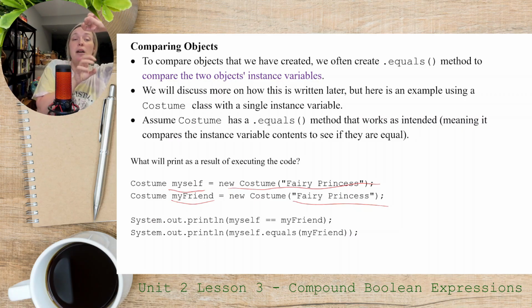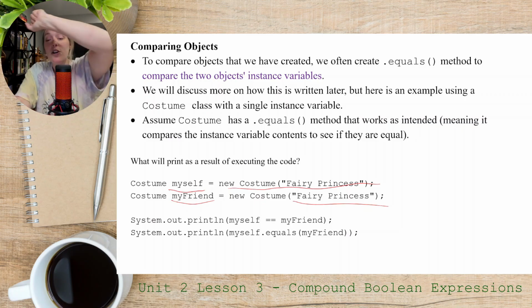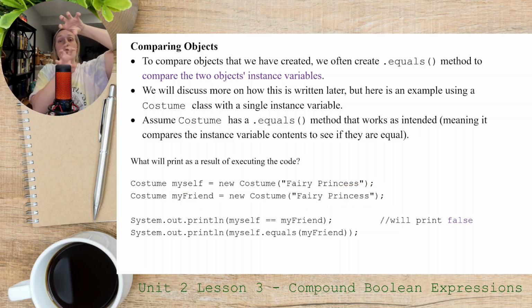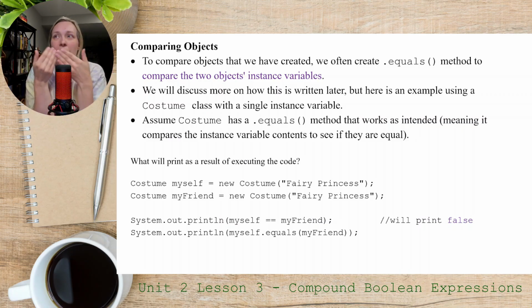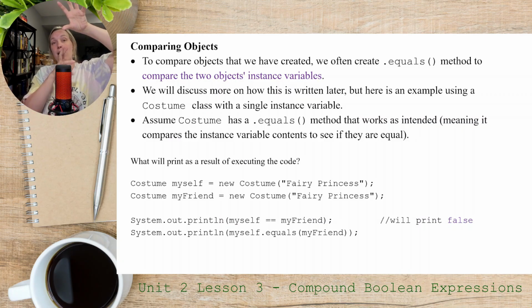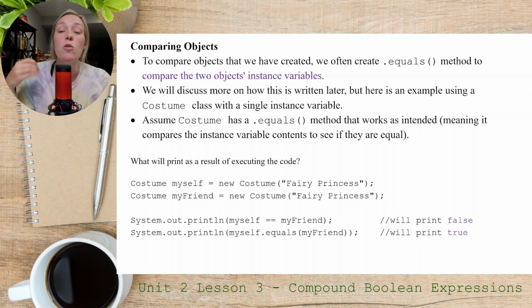So when I compare myself equals equals my friend, it's going to print false because these two point to different locations in memory. But logically, I want them to print true because, hey, myself and my friend have the same costume. We have the same data. We have the same instance variable contents. I want that to print true. And that's when I use the dot equals method. So if I compare myself to my friend with the dot equals method, it will print true because we have the same instance variable content. Okay, does that make sense?